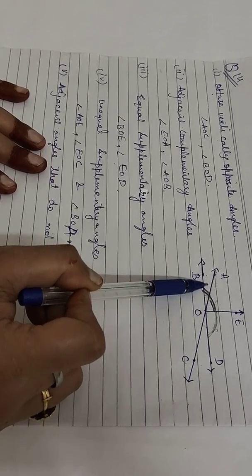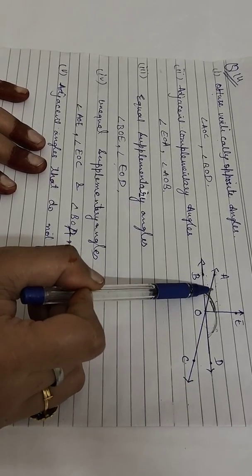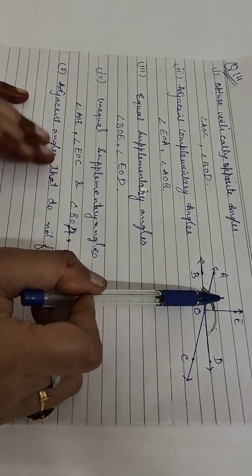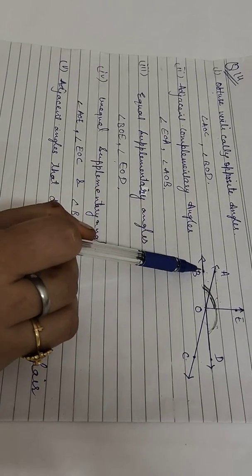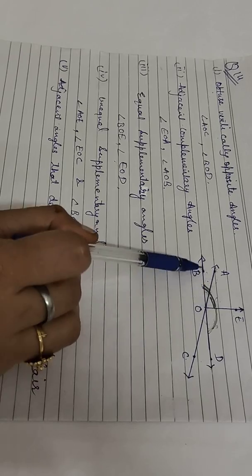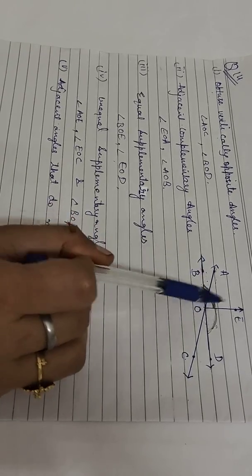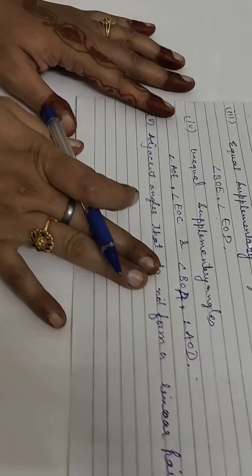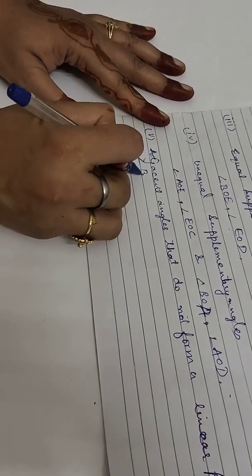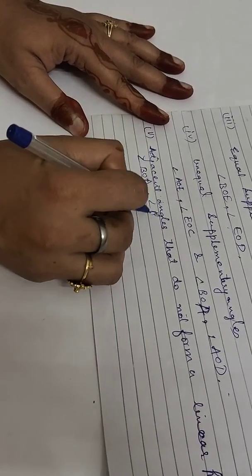They are not forming a linear pair and they are adjacent angles. Sorry, we are not looking for equal or unequal. We're just looking for adjacent angles not forming a linear pair. So BOA and AOE are adjacent angles and not forming a linear pair. So we can write angle BOA and angle AOE.